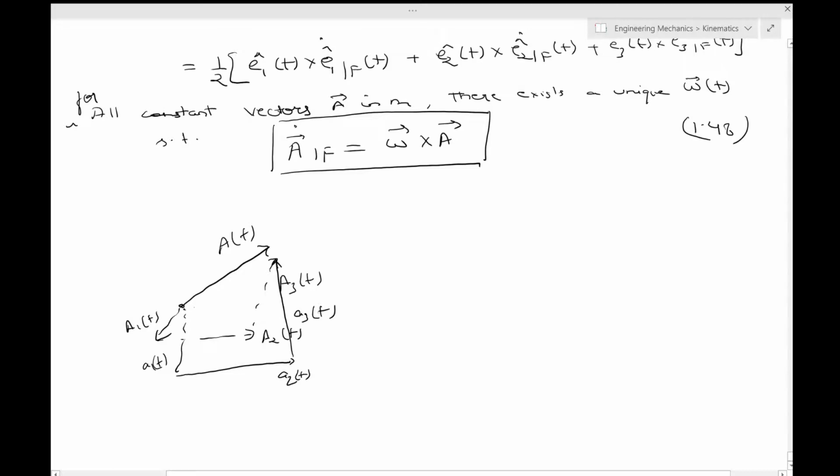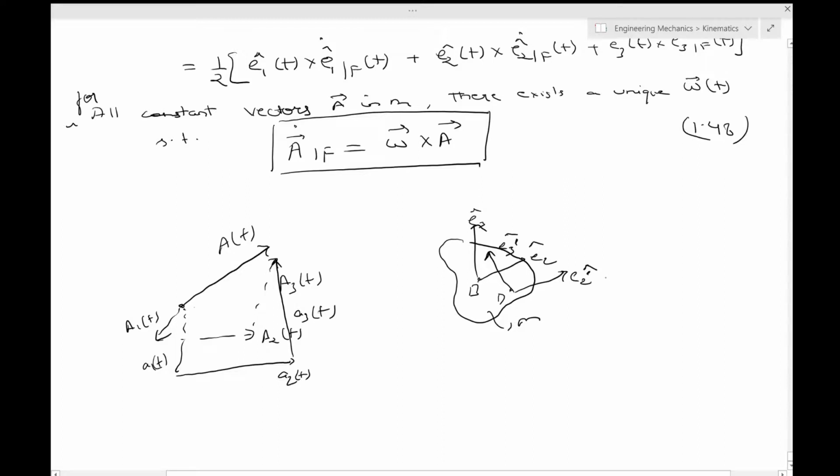Okay, and there will clearly be a change in rotation. So if you have this frame M, you have E2, E3, and you will then have E2 dash and E3 dash.